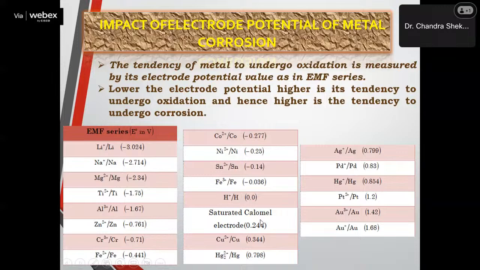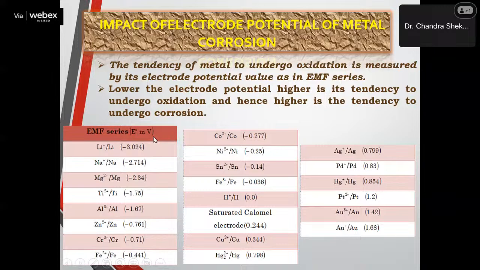And those systems exhibit positive electrode potential values. You can see here at the end of the table platinum metal, gold metal, which have very high positive potential values. This series we call electrochemical series or EMF series. So this series is very important to understand the impact of electrode potential of metal on the rate of corrosion.